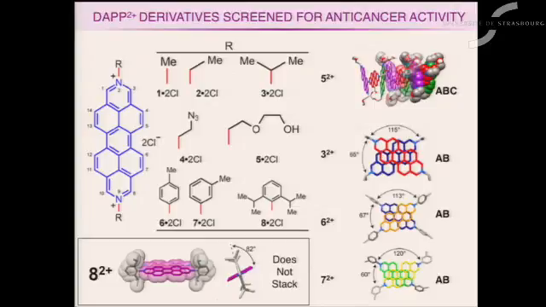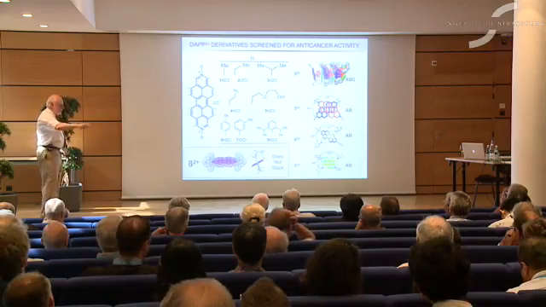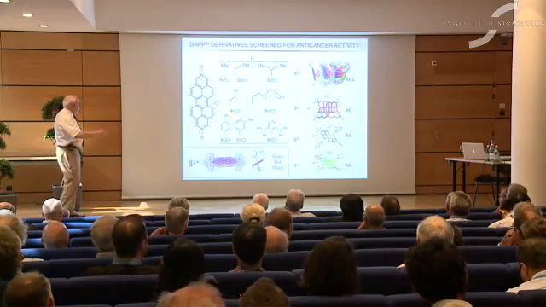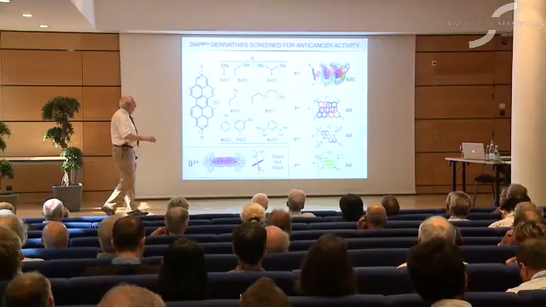And all of these, apart from this very highly substituted one with these 2 isopropyl groups, crystallize. One we don't have a crystal structure of, I think, but where is it? 4. All the rest crystallize either as an ABC, as you've seen already for the methyl situation, or as AB.